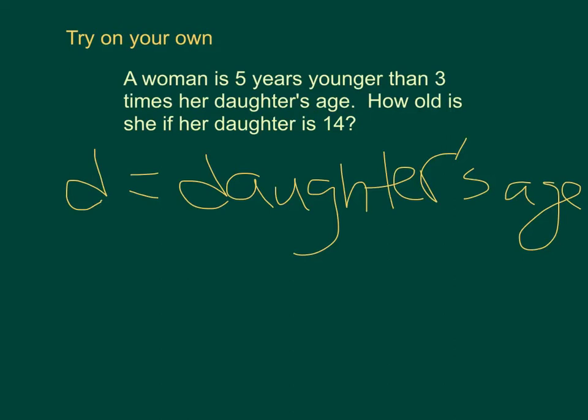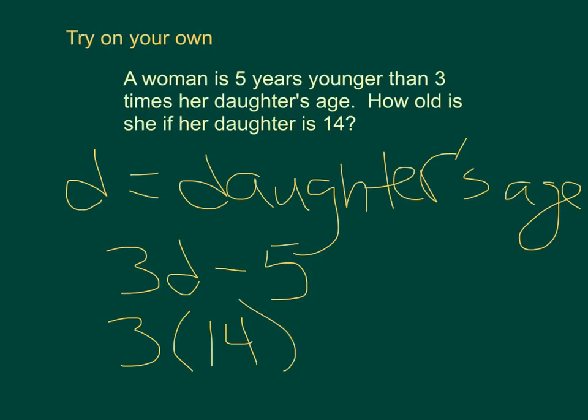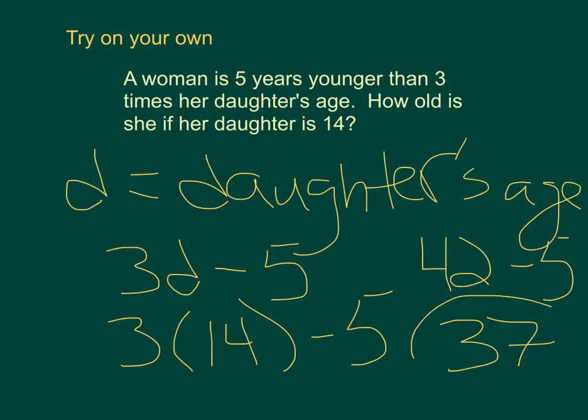So I know I have 3 times the daughter's age, and it's 5 years younger than, so that means I'm going to subtract 5. I want to know how old she is if her daughter's 14, so I do 3 times 14 and then minus 5. 3 times 14 is 42, and 42 minus 5 is 37. Therefore, the woman is 37 years old.